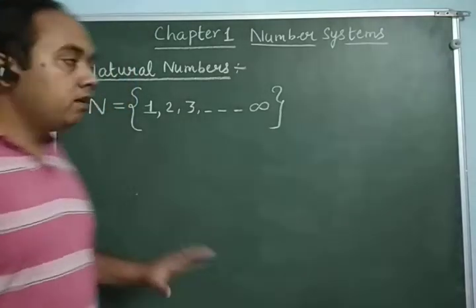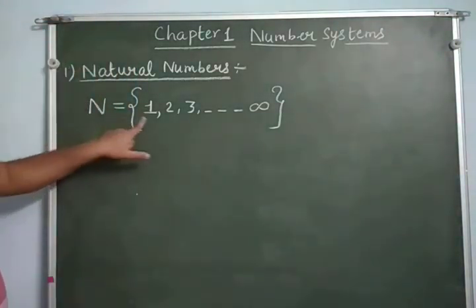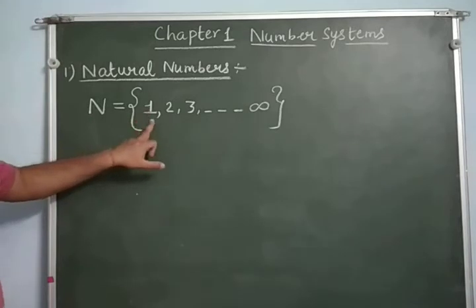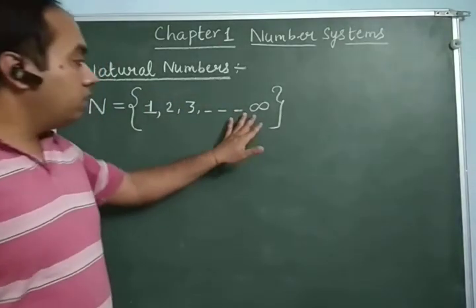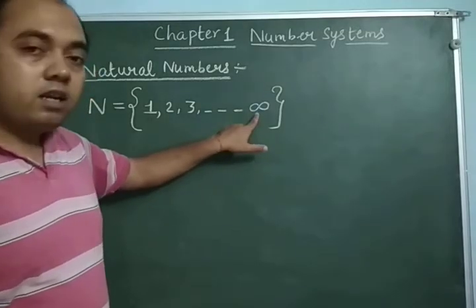In this way we represent the collection of natural numbers, where the smallest natural number is 1, and we cannot describe the last natural number. That is why I have written infinity.